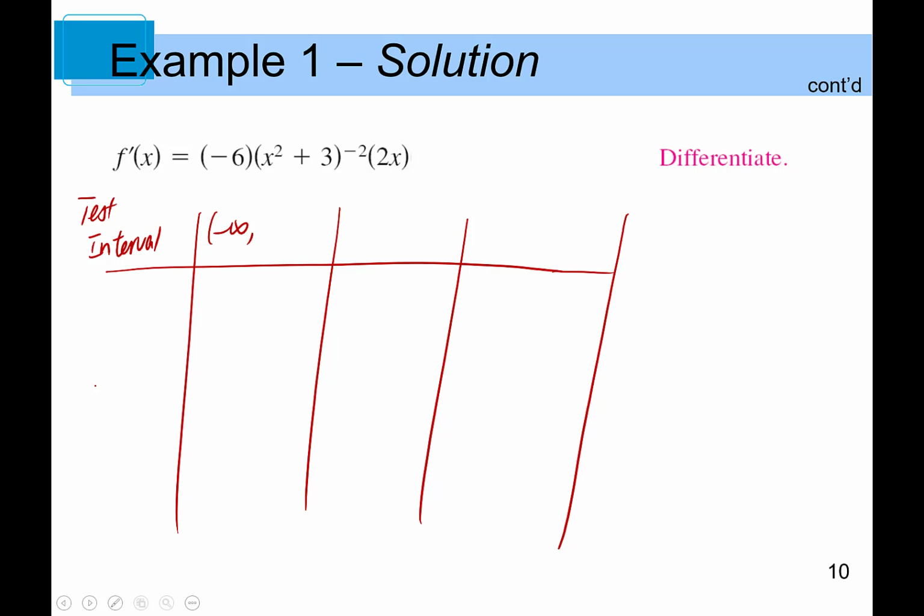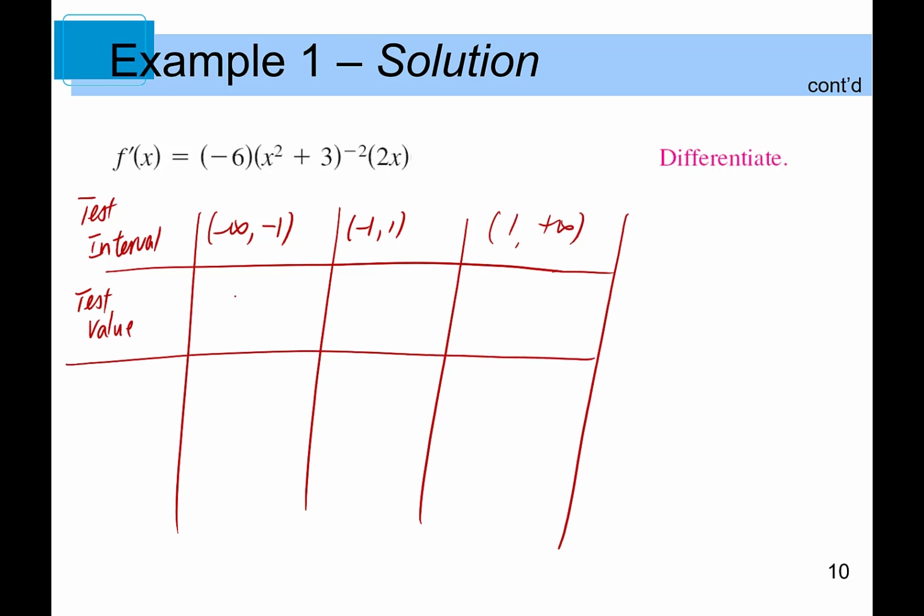Those two values are going to separate the domain into 3 pieces: negative infinity to negative 1, negative 1 to 1, and 1 to positive infinity. I'm going to pick a test value within each interval. So here we can pick -2, 0, 2.